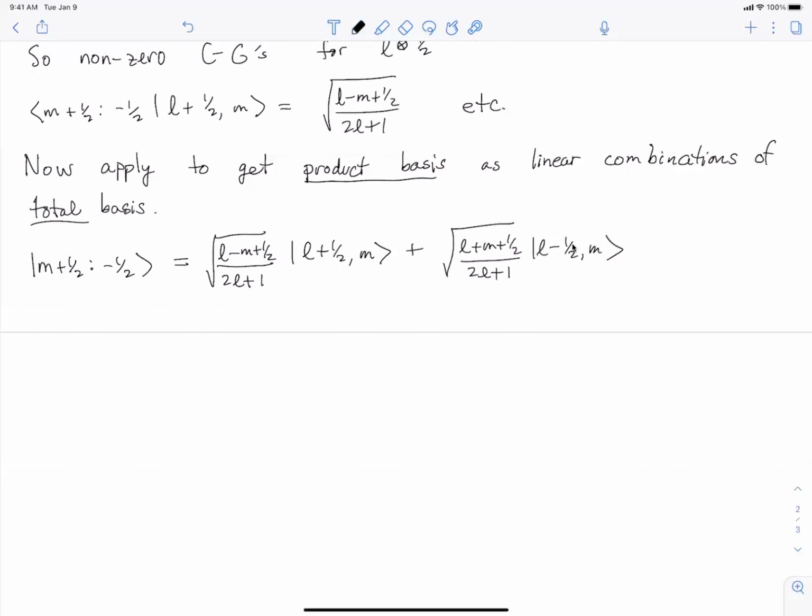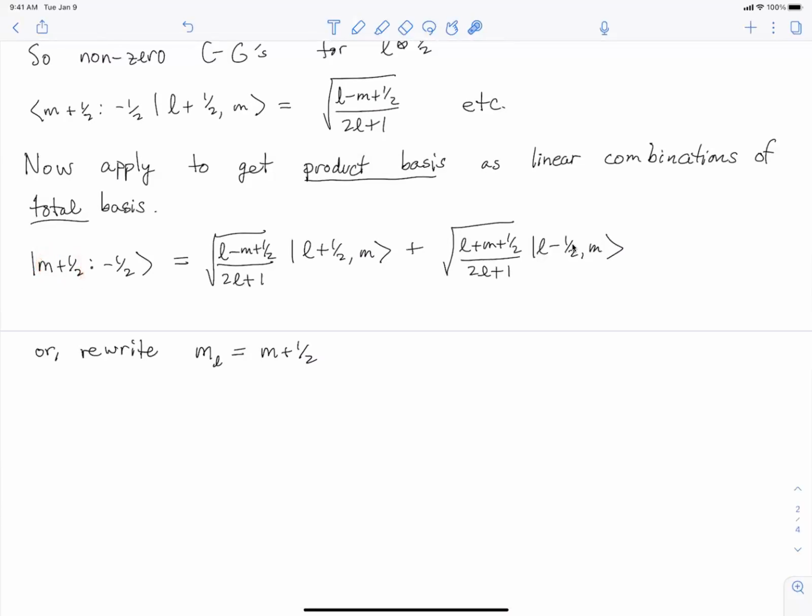And another way of writing that is we can say, let's call m sub L equal to m plus 1/2. The reason for doing that is because this first entry in the product basis is really the m for the angular momentum L. So we're calling it m sub L. It's equal to m plus 1/2, where this m is the total m, the m for the total angular momentum.